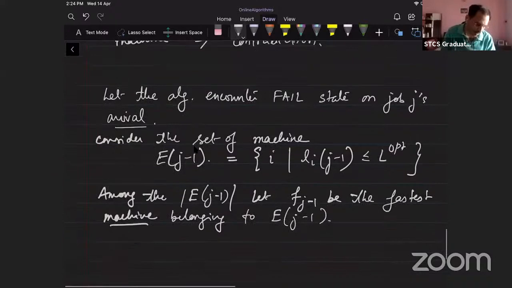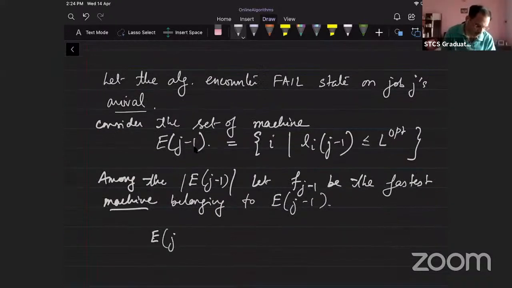You should definitely ask, what if E_{J-1} is empty? Then we define F_{J-1} to be 0 without loss.